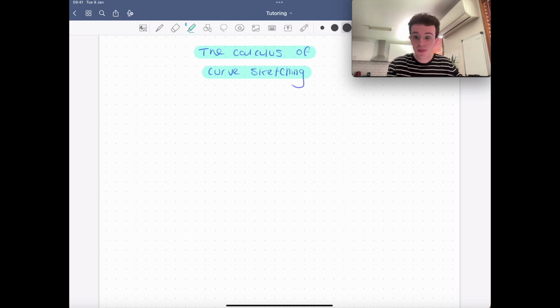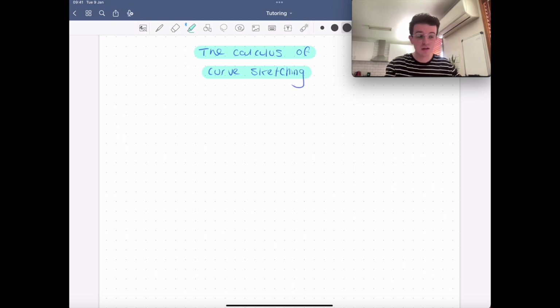So we know that displacement, velocity, and acceleration are fundamentally related through the derivative. We know that the derivative is the rate of change of something, and since velocity, for example, is the rate of change of displacement, then we can say velocity is the derivative of displacement.